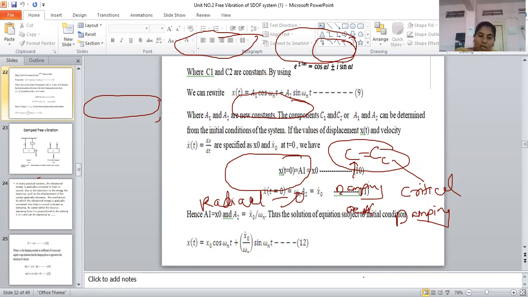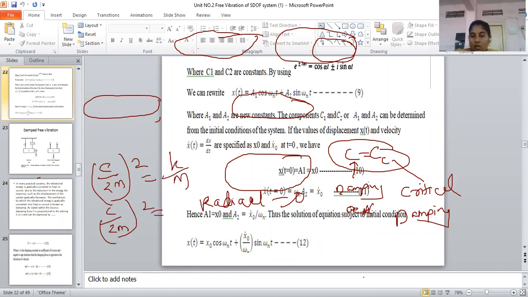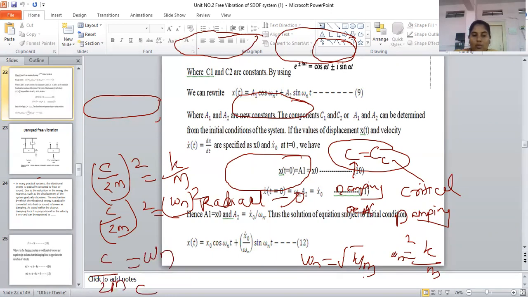So we can take (C by twice m) squared is equal to K by m. That is, (C by twice m) squared is equal to omega n squared. Already we know omega n is equal to the root of K by m, so omega n squared is K by m only. So C by twice m is equal to omega n, which means C is equal to twice m omega n.